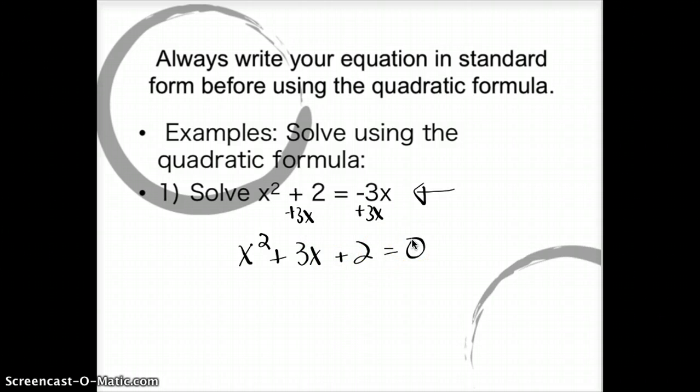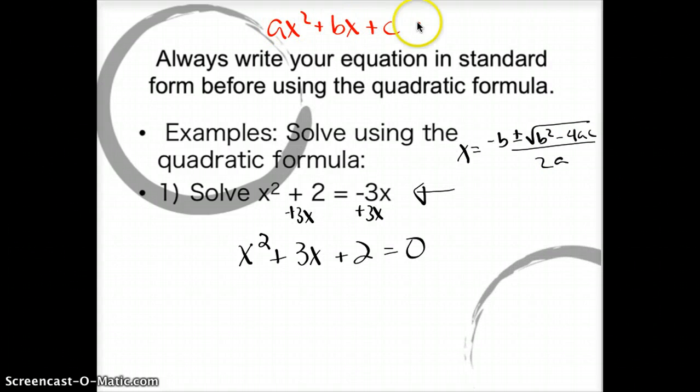This would be a really easy equation to factor and solve, but for now let's just practice using the quadratic formula. So our quadratic formula, x equals negative b plus or minus the square root of b squared minus 4ac all over 2a. Remember, when we have ax squared plus bx plus c equals 0, we need to know what each part is.